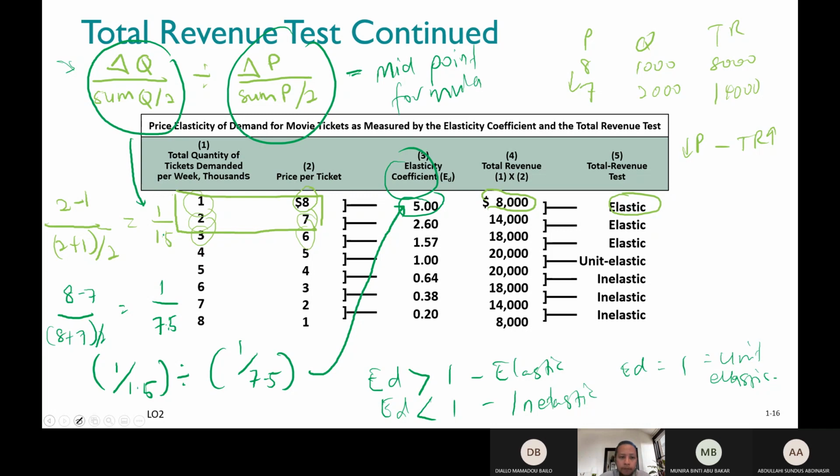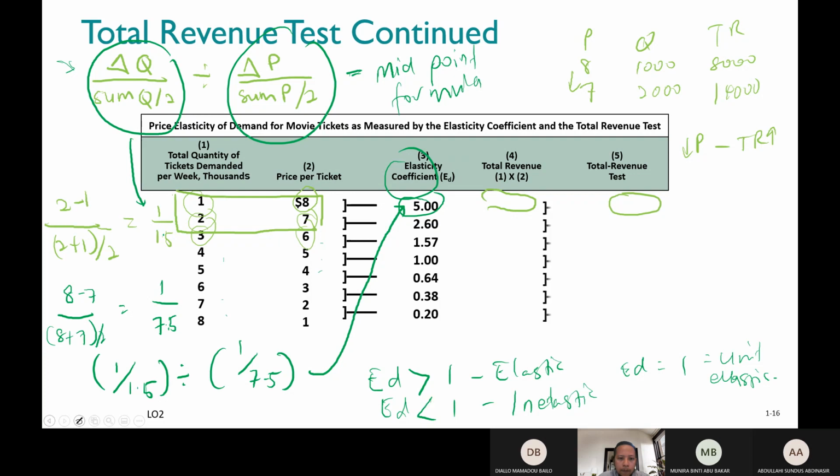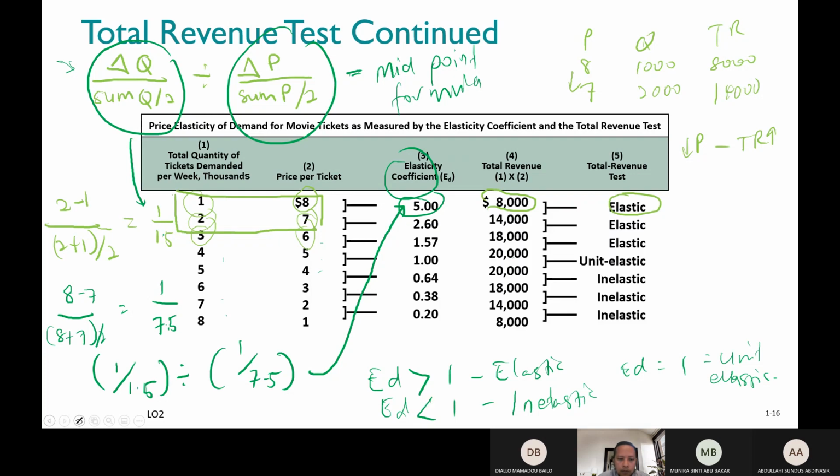But here basically you can see that at different prices, there are different quantities that are being sold, and basically the elasticity changes as the price changes. So here until price 5, it is elastic.